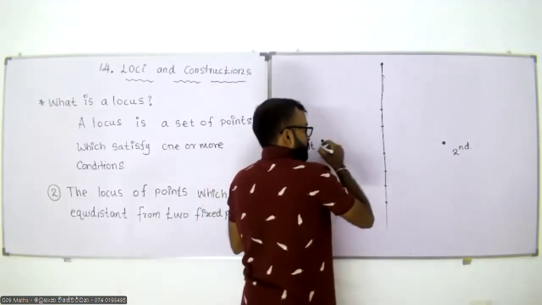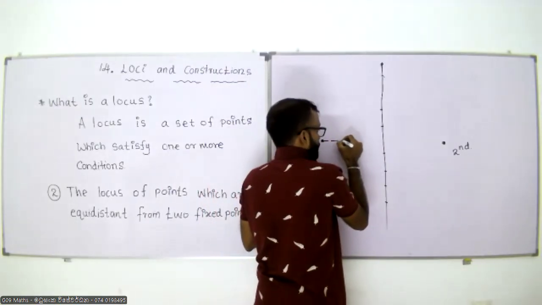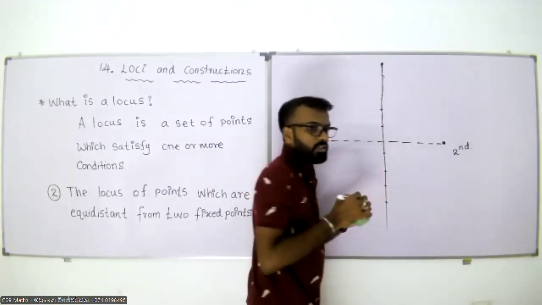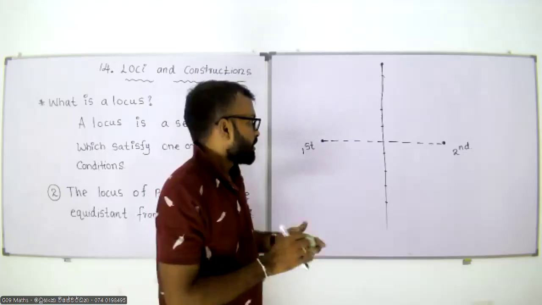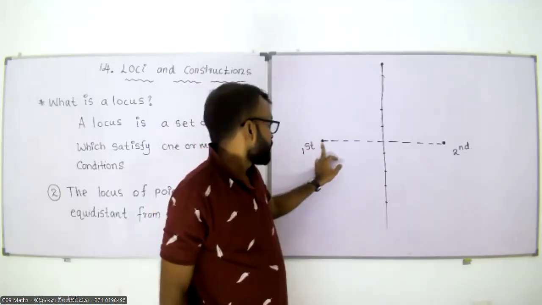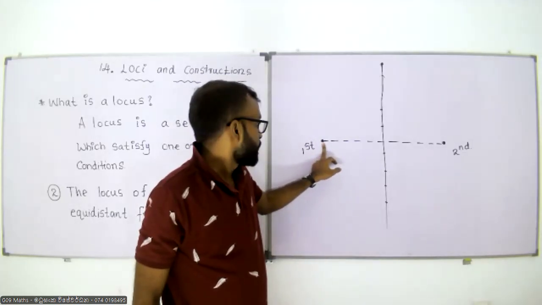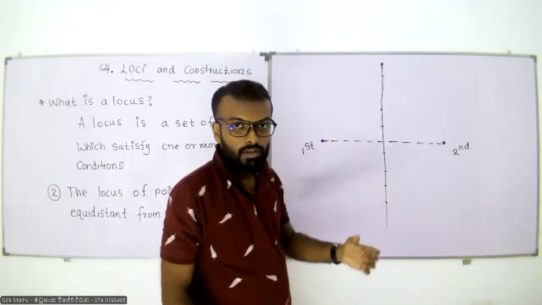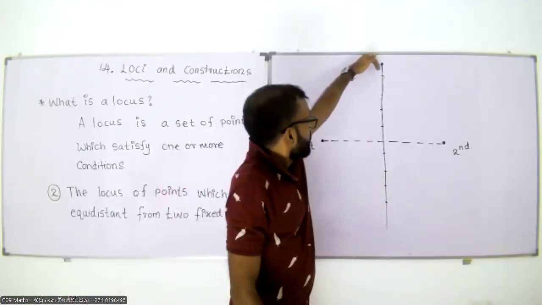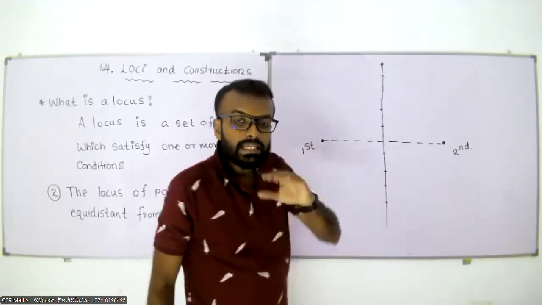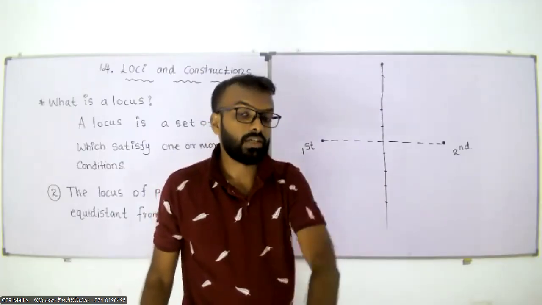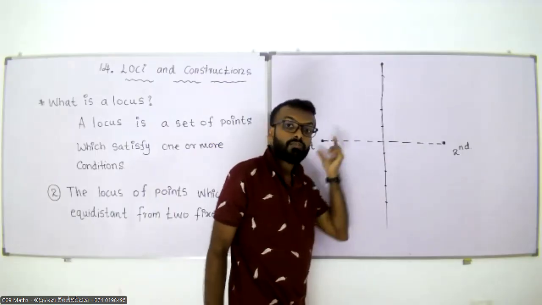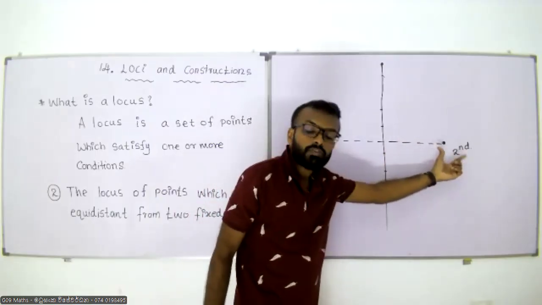If I join these two points, my first fixed point and the second fixed point, by using a dashed line, you might see this locus is the perpendicular bisector of the length between the first fixed point and the second fixed point.